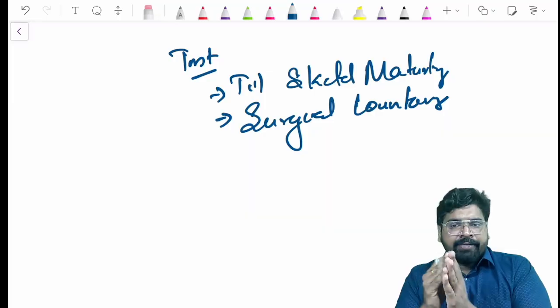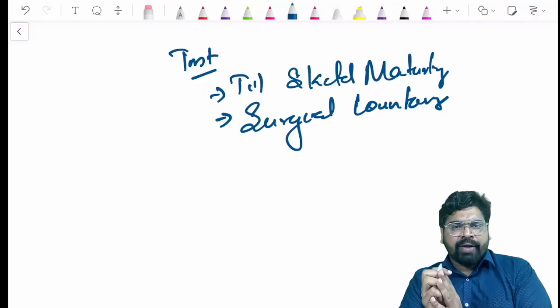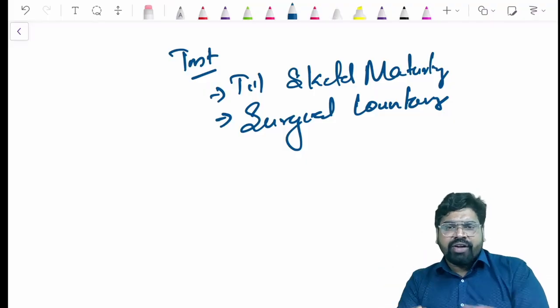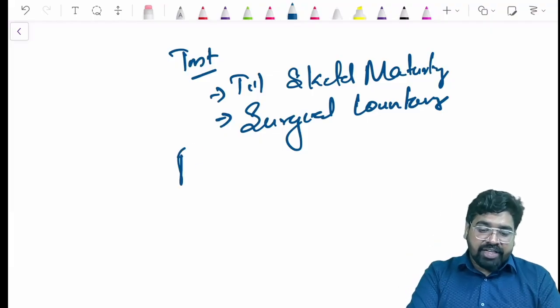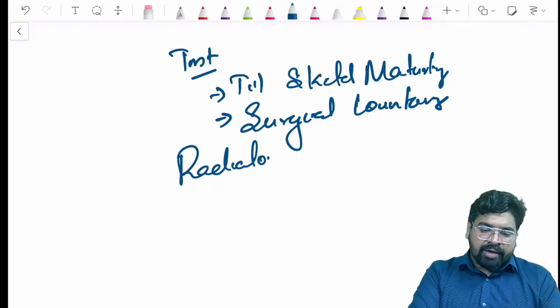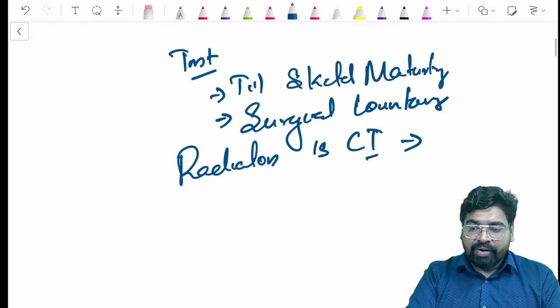If it is a girl child and it is affecting her aesthetics, you can give surgical contouring. But till maturity, you should not touch it. Let it be there, and you should not give radiation. Never. Radiation is contraindicated because if you give radiation into fibrous dysplasia, it will cause osteosarcoma.